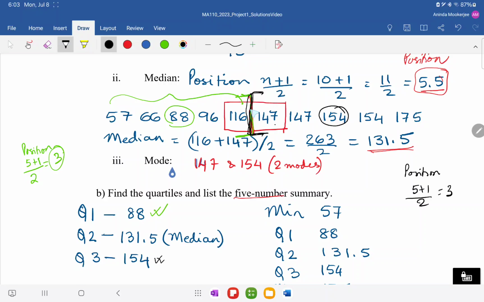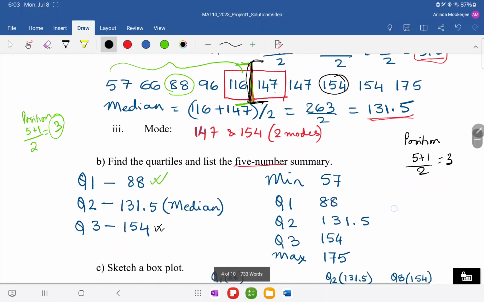In that case, you just count your median value twice, as a part of the left half for quartile 1 as well as the right half for quartile 3. This is how we go about finding the 3 quartiles, and quartile 2 is nothing but the median, which we've already found previously.